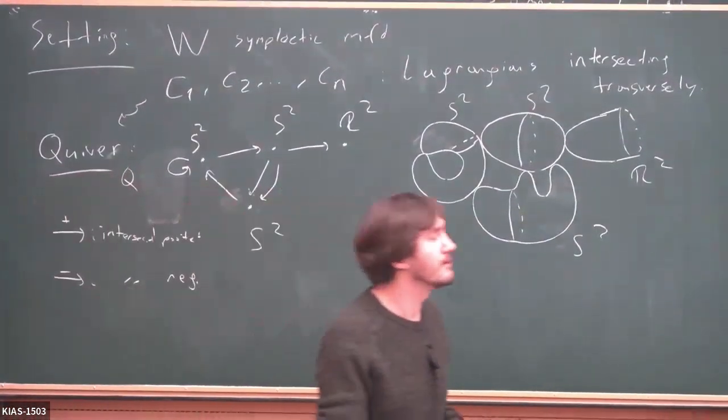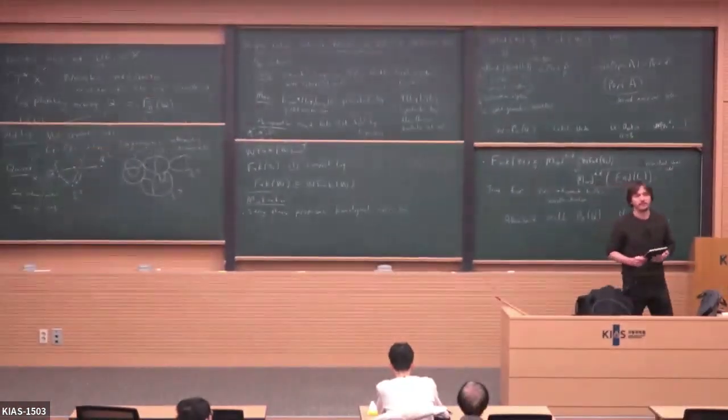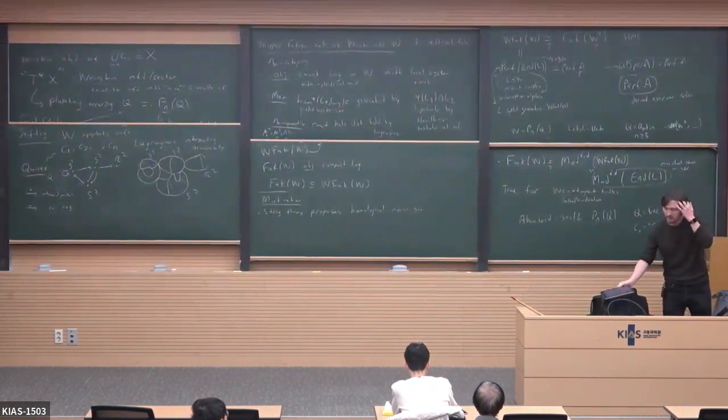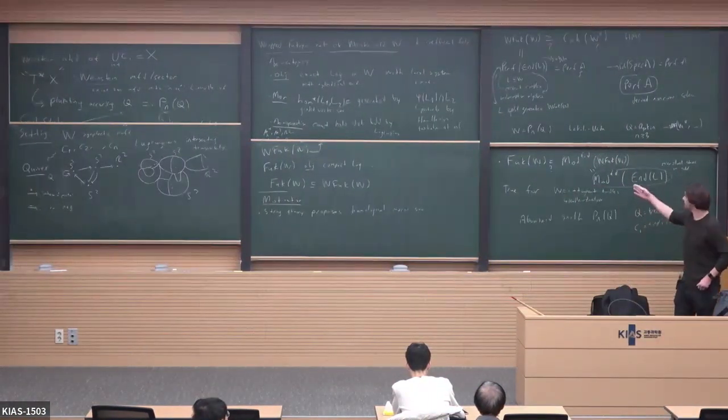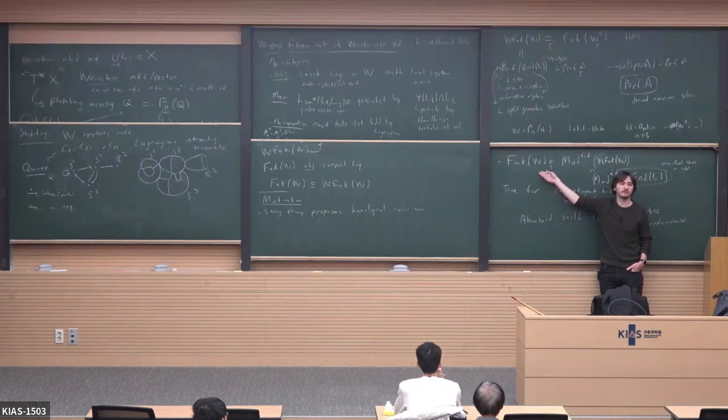Is there an example where that is not true? Yes. If you take rational homology balls, the thing is you can make it true by playing with the definition of this thing. The initial definition is that this consists of embedded Lagrangians.